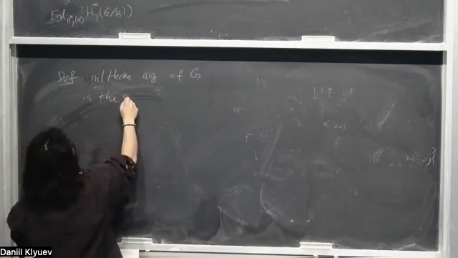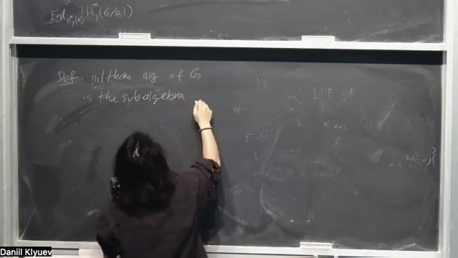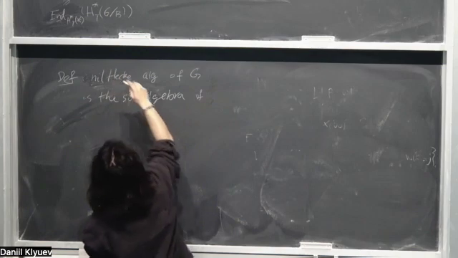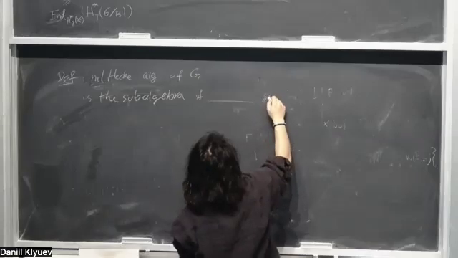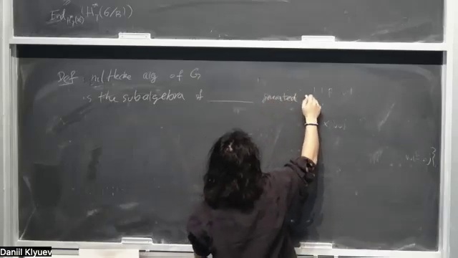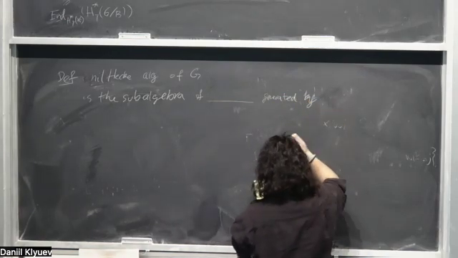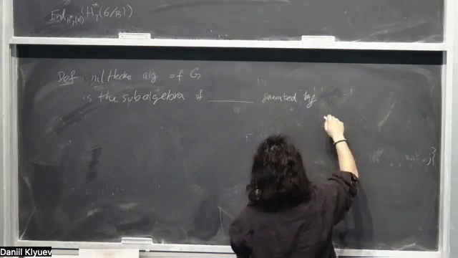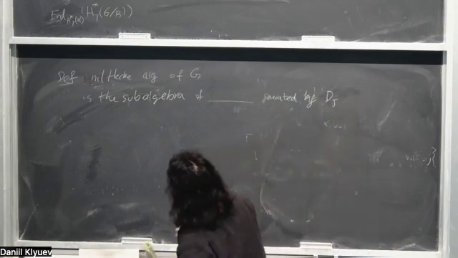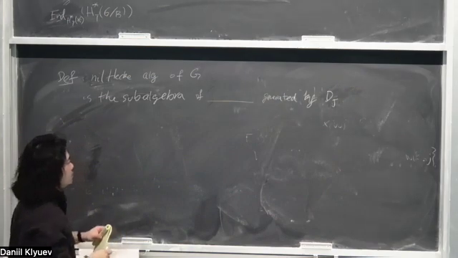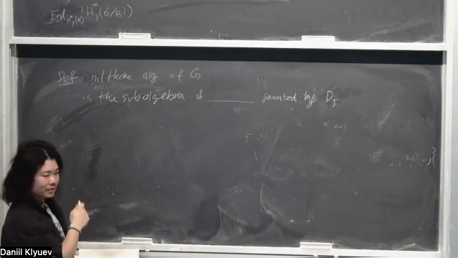It is the subalgebra of this endomorphism algebra generated by the operators as above. Well, you actually just need to take the simple reflections and there are some relations.